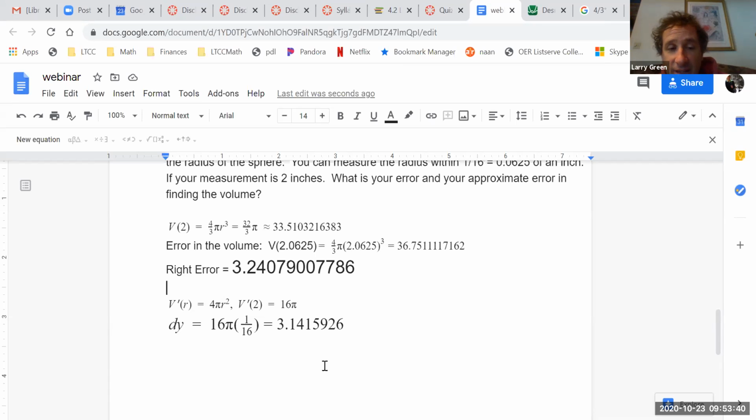Anyone lost on what I just did? Any questions on this? So far, so good? Okay, so now what I want to look at is, first thing, a couple definitions. And it's actually propagated error.